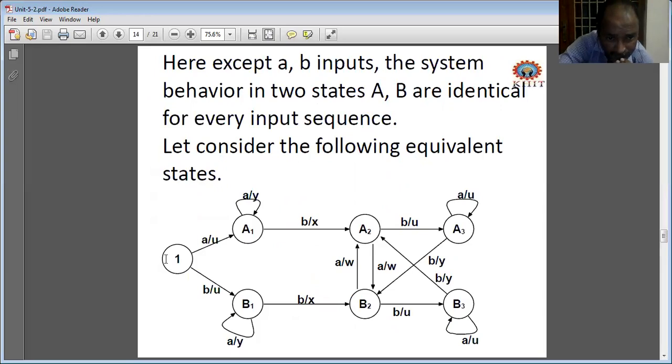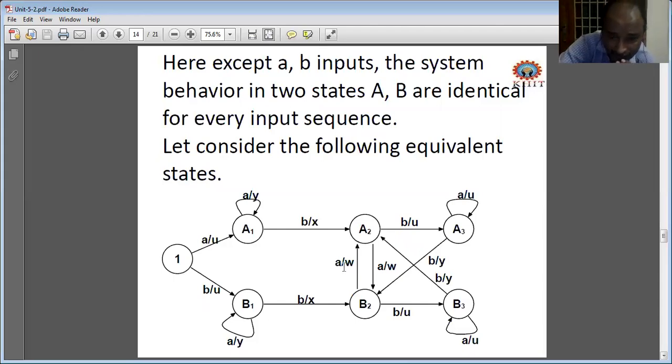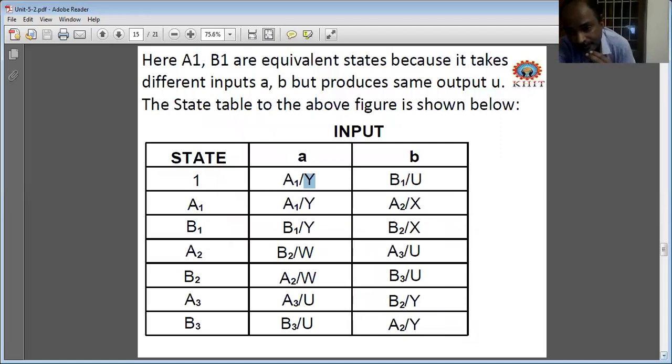From 1 to A1 is U, 1 to B1 is U, then A1 to A1 is Y, B1 to B1 is Y, like that. By seeing this figure, we can obtain the following state table from this state graph.